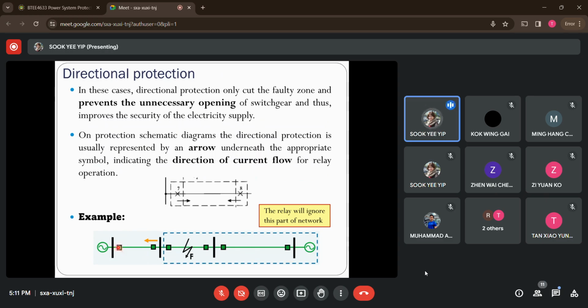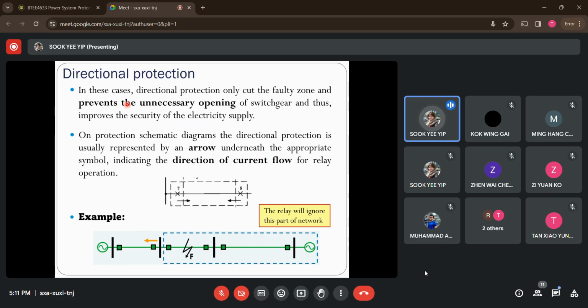What happens if this relay is implemented with a directional feature pointing to the left-hand side? Under these conditions, this relay will ignore this fault. In such a case, only the relays where the fault occurs will be tripped, and this one here is not operated. That's how we maintain the security of power supply for these specific zones. Are you able to see how the directional relay here solves the previous problem?